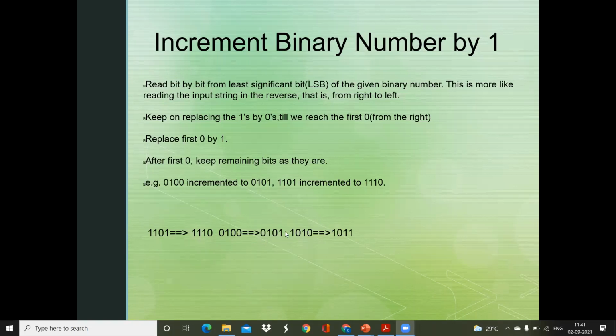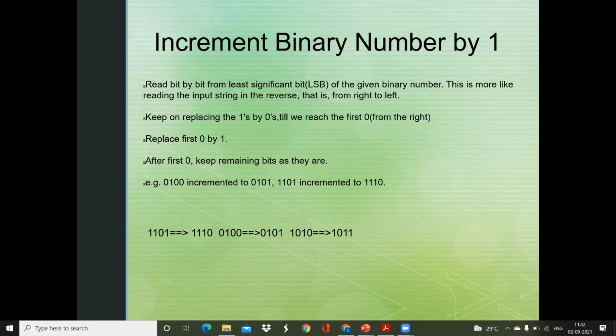Now for this, we have to design the Mealy machine. Your execution will start from some state, let's say Q0. When your state Q0 receives 1 as an input, it will produce output 0, replacing that 1 with 0.